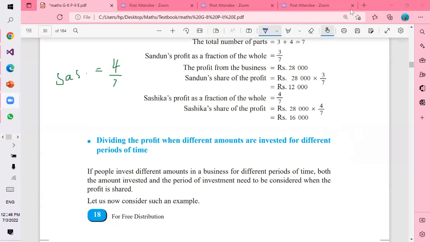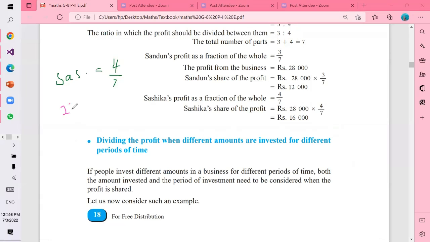And we need to multiply by 4 over 7. Then we know the simplification process. Then 4,000 times 4, what is the answer? 16,000. Very good. So that is how we divide the profit when different amounts are invested for the same period of time.